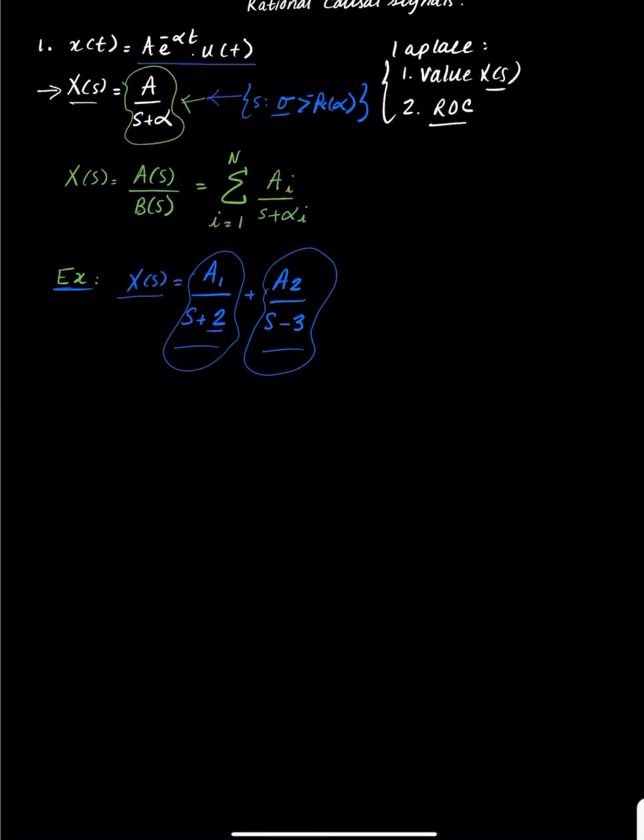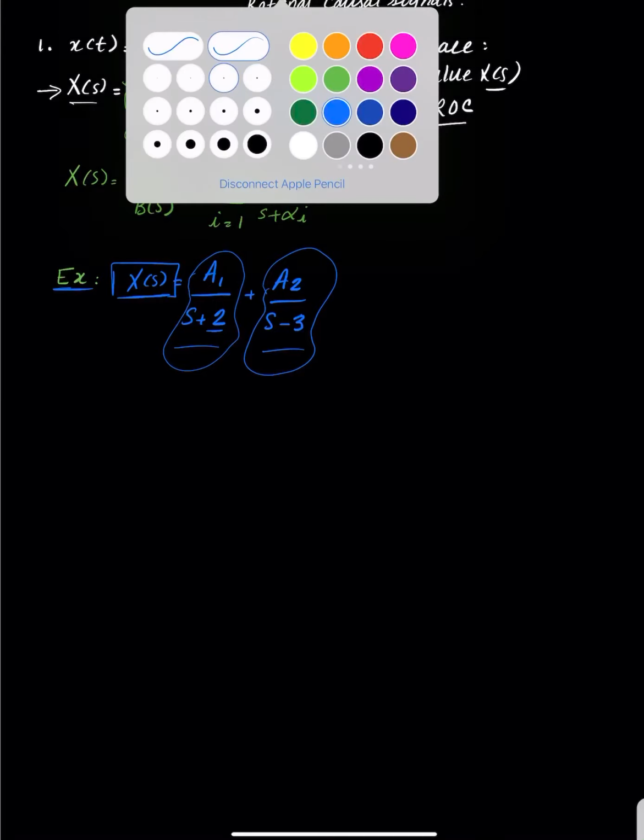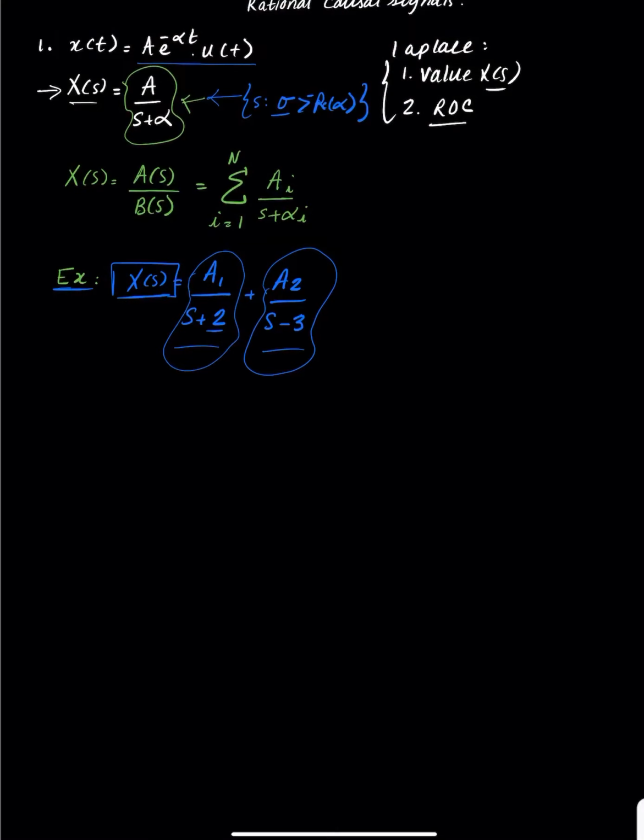So we need to find a region in which both components exist, and define that region as the region of convergence of this bigger function that we have. So I'm going to go ahead and draw the region of convergence for each component separately. I'm going to write the region of convergence for the first component first.